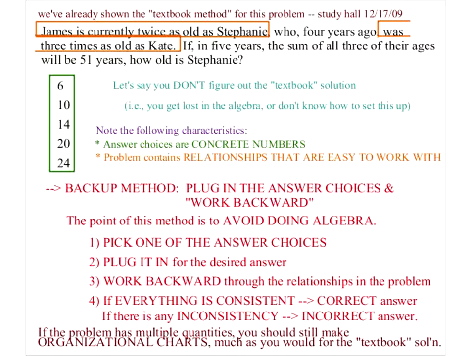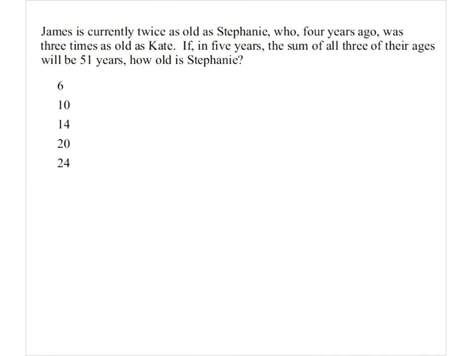In other words, because you're using this backup method, this is no excuse not to be organized when you solve the problem. But we are going to avoid doing algebra entirely if and when this method is successful, which is a nice enticement to using it. So here's how it works here.